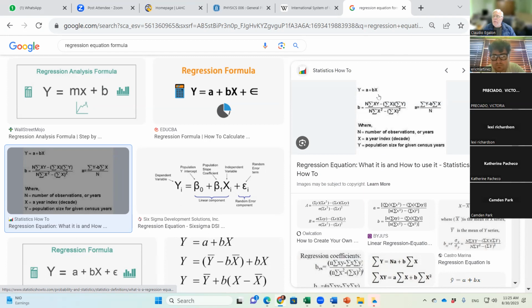So if the equation seems to be linear, you write that down as a plus bx, right? Whereas a is equal to this formula and b is equal to this formula. How do we reach this formula? We reach this formula by doing the method of the least squares, the least square method.